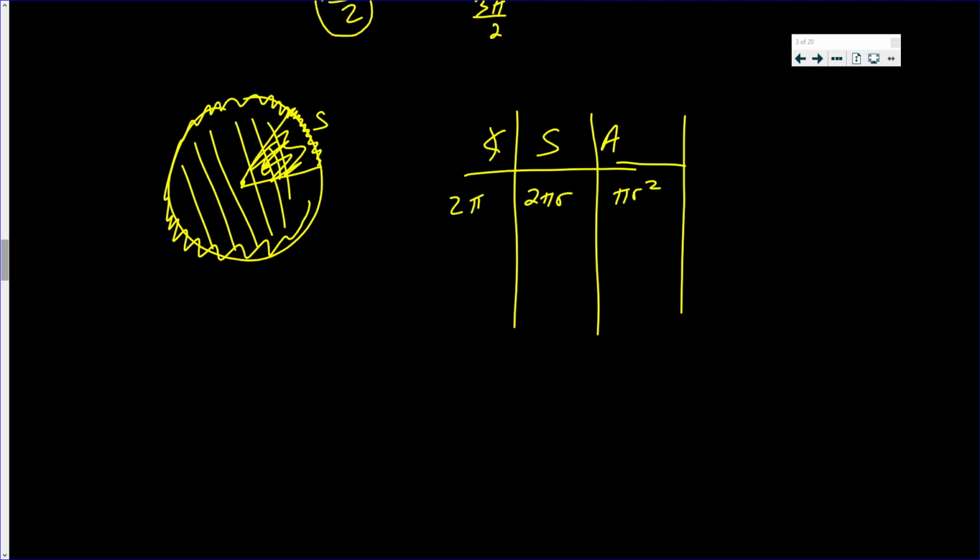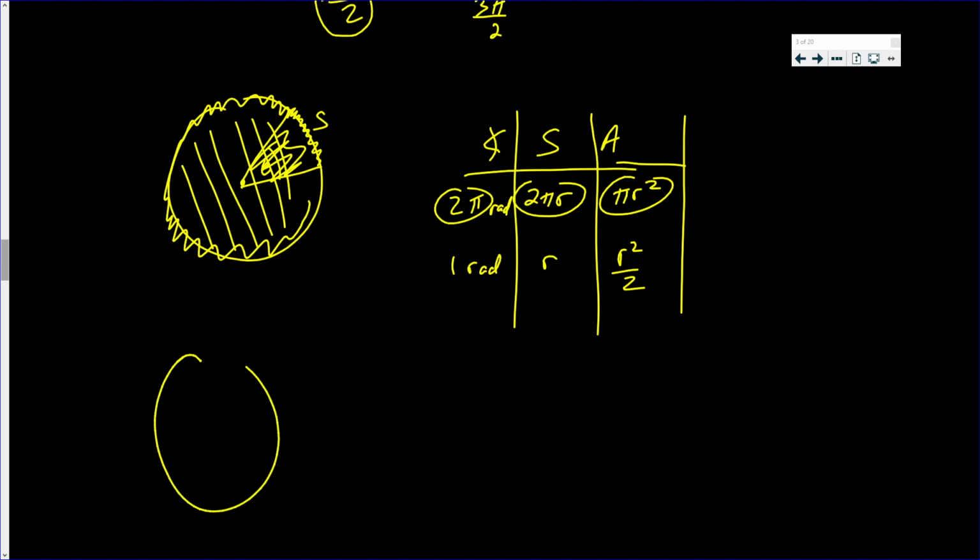Now, if I divide by 2 pi, remember, this is 2 pi radians. If I divide by 2 pi, I get 1 radian. I have to divide that by 2 pi, and I get r. And if I divide that by 2 pi, the pi cancels, but the 2 doesn't. That's for 1 radian.